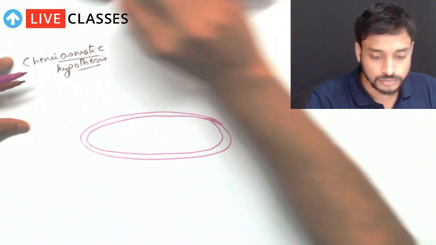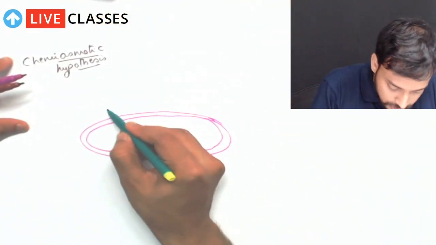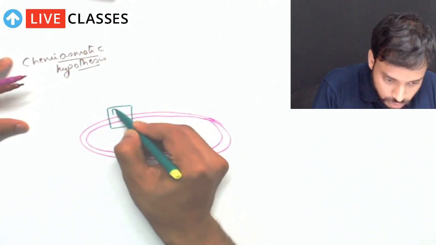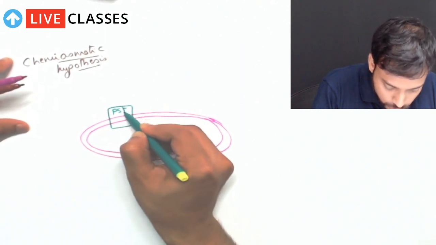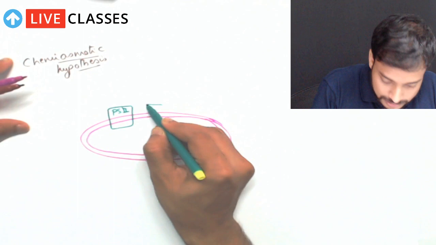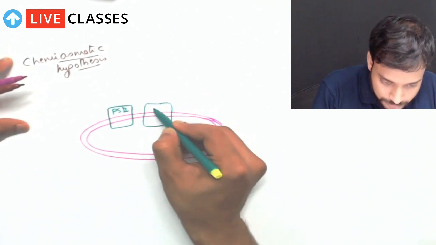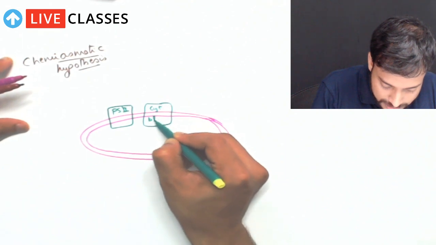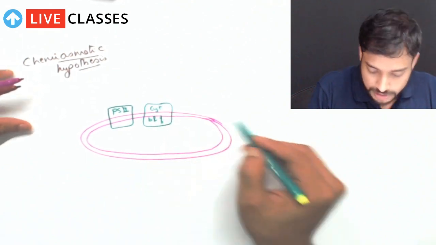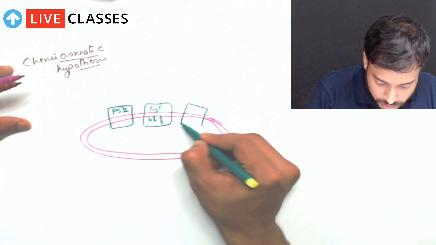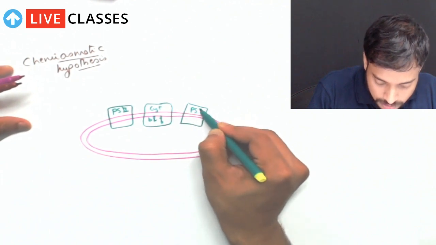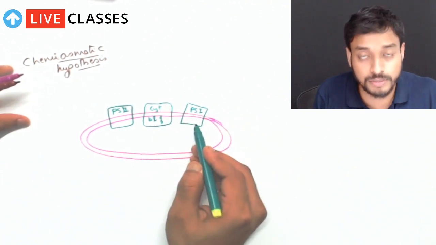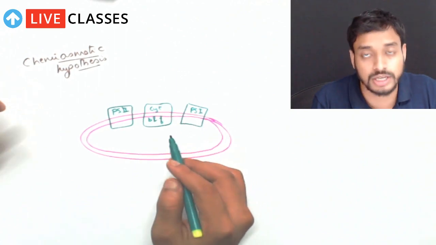There is photosystem 2 first, then there is a complex called, as we have seen, cytochrome b and f, correct? You get it? And there is photosystem 1. Now it has both systems because we are talking about grana.